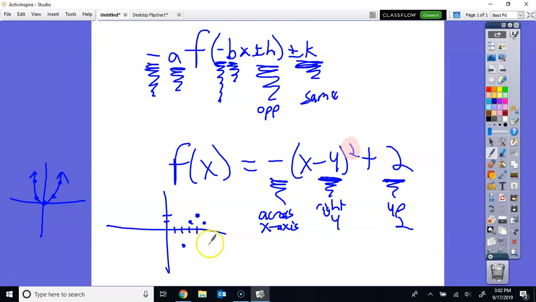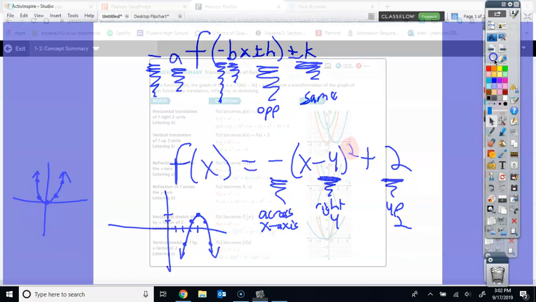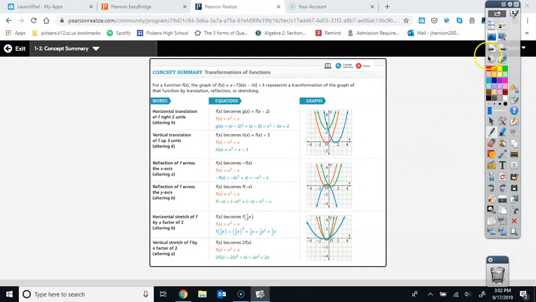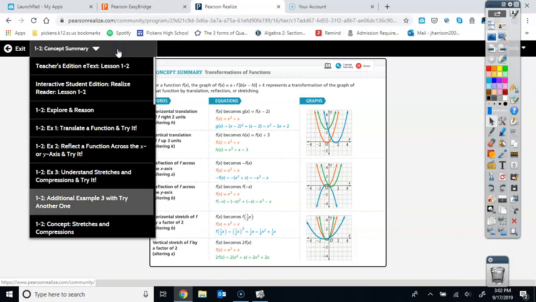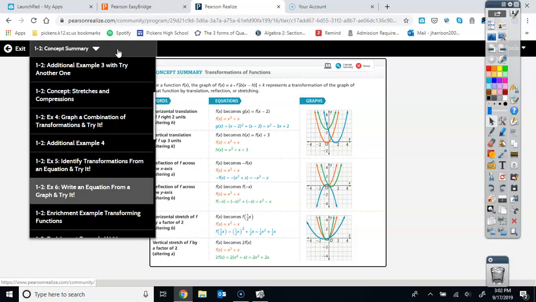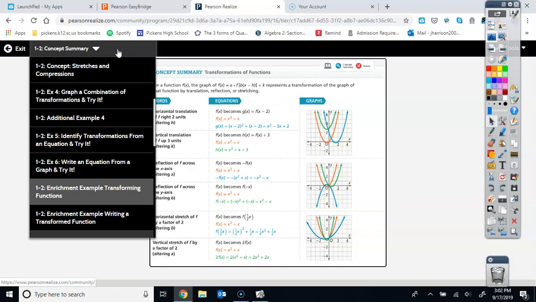And so now I have this graph that is here. And just by knowing what these numbers do in the problem, I just got my whole entire graph. Now, I did have to remember what x squared looked like in order to be able to do that. So what this does is this gives you the ability to transform one function into another.